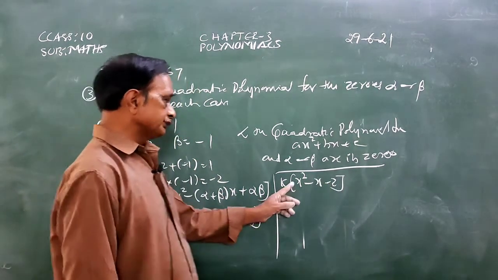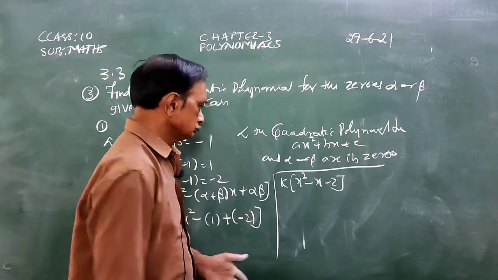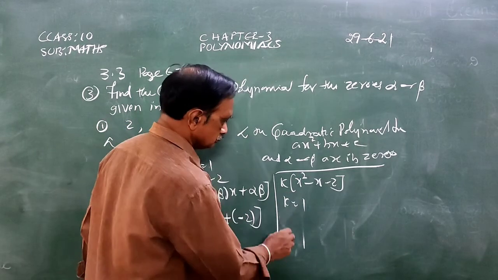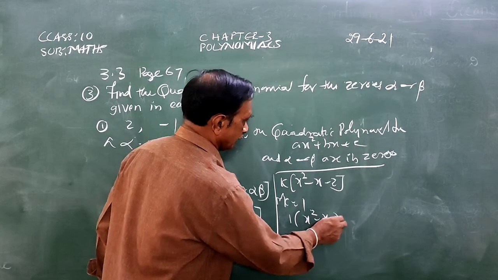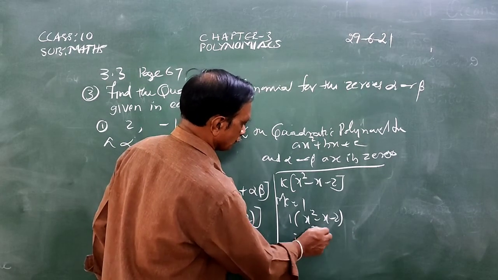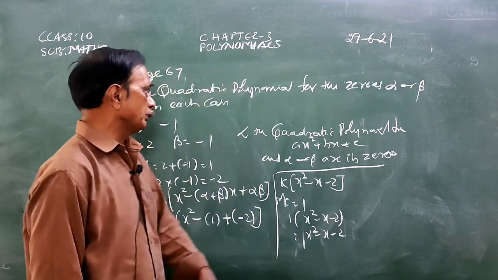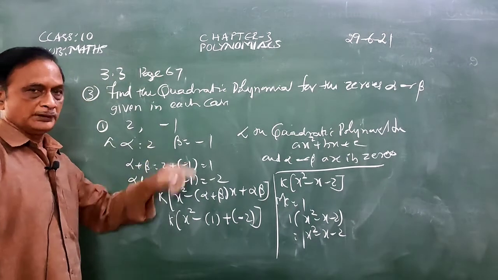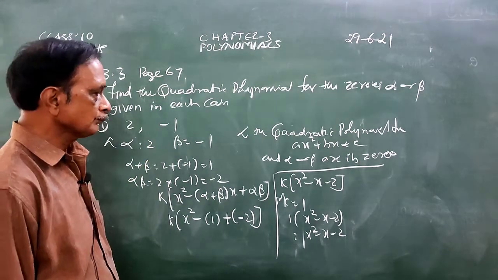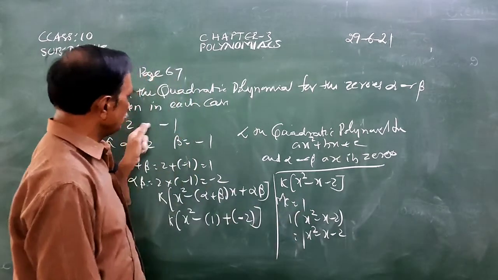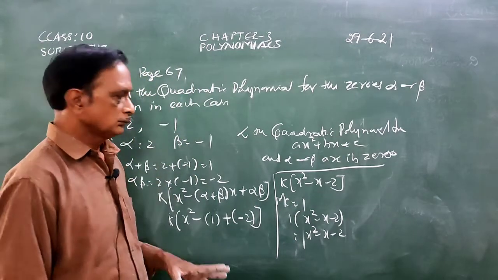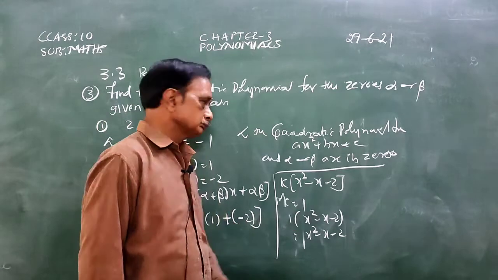Here the coefficients are integers only, then we put k equal to 1. 1 into x square minus x minus 2, that is equal to x square minus x minus 2, the required quadratic polynomial whose zeros are 2 and minus 1. When you put k equal to 2, you get a quadratic polynomial whose zeros are 2 and minus 1 only. Yes? But here we put k equal to 1.